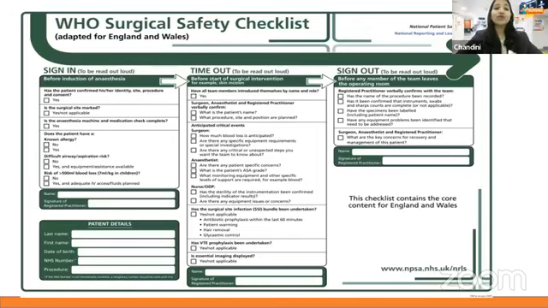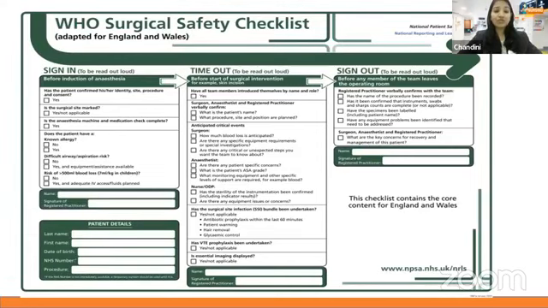The second thing is whether the OT equipment functions properly. She confirms once again with the OT team members that the equipment in the operation theater all functions properly.